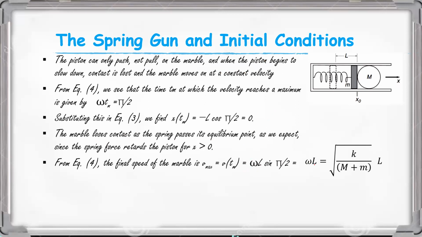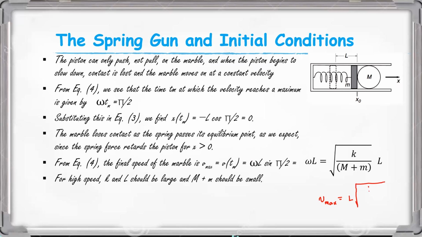That is equal to omega L. We know that omega is equal to root of k divided by m plus M. So the maximum velocity is given by L into root of k divided by m plus M. To obtain high speed, m plus M should be small and k and L should be very large.